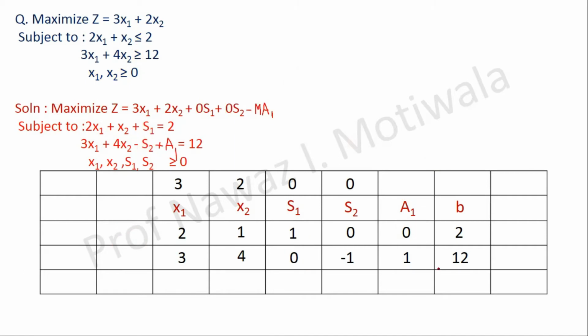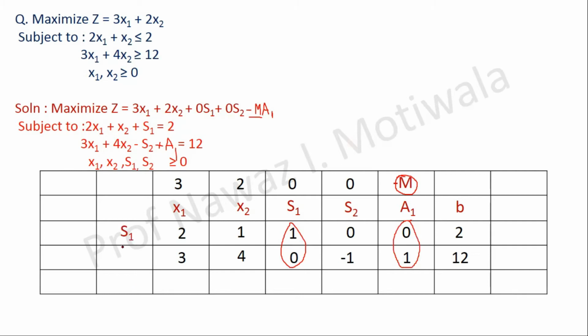Now proceeding forward in a similar manner, we write here the coefficient of this variable in the objective function, which we have seen will be minus M. So I will write minus M here. Also, as S1 and a1 make the identity matrix, they will become our basic variables.